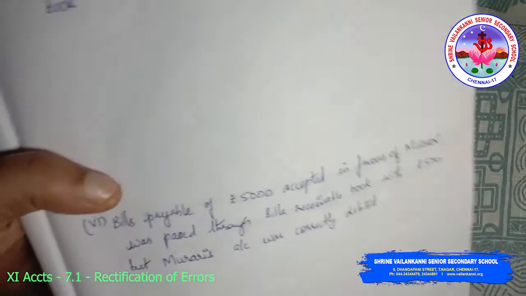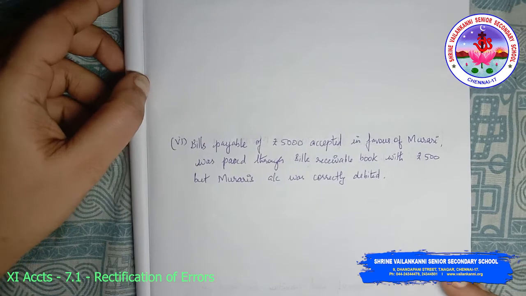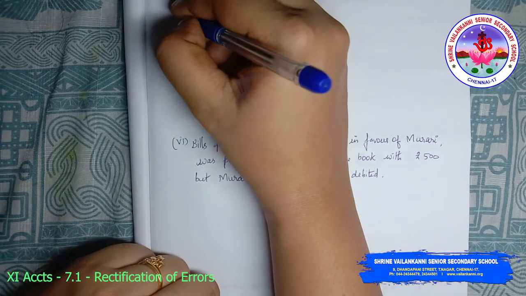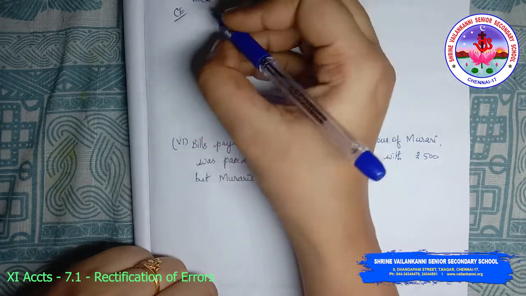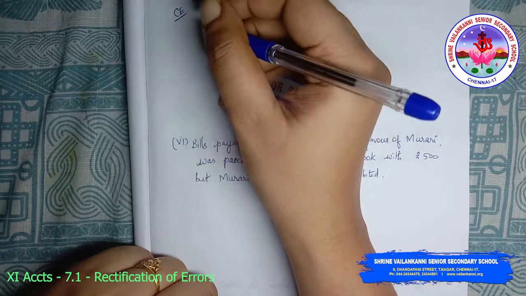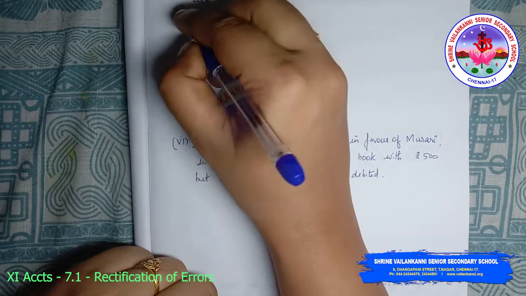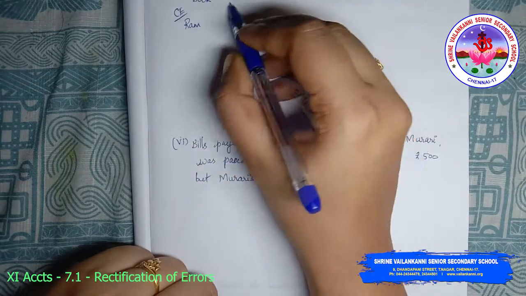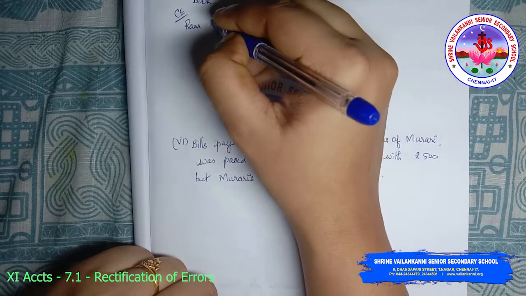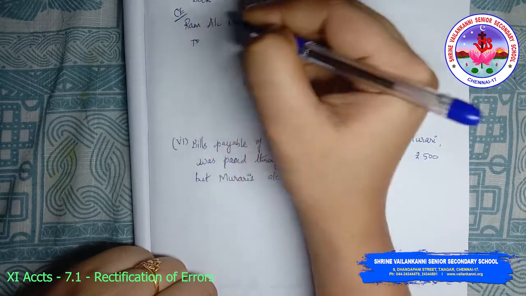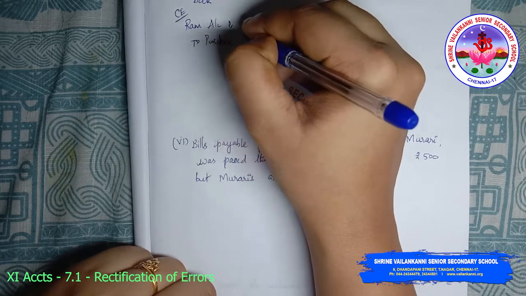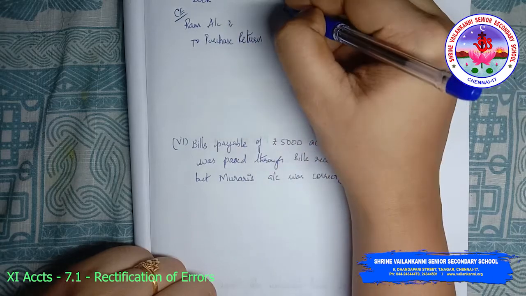Next one, goods returned to Ram was passed through sales book. What is the correct entry? It is a return. So we are returning. So Ram account debit, because Ram is the receiver, to purchase return. What is the wrong entry?